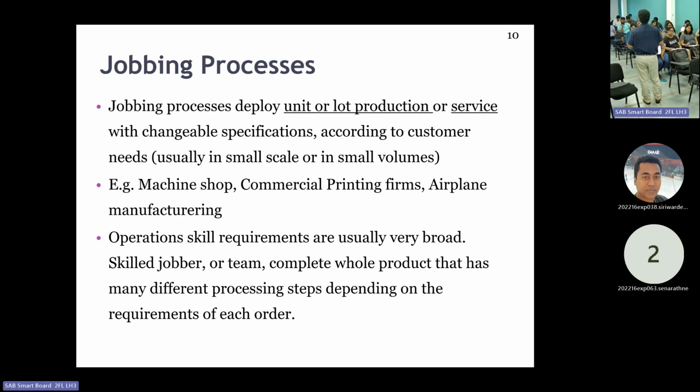When we have job processes, we need skilled workers who can customize the products and manufacture according to the customer requirement. So we call it skilled jobber, one person who can handle different tasks, or a team with complete jobbing process.